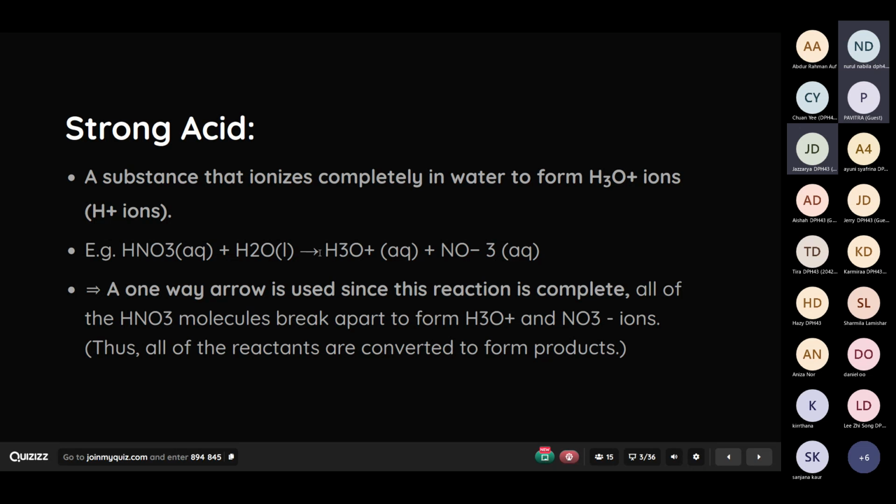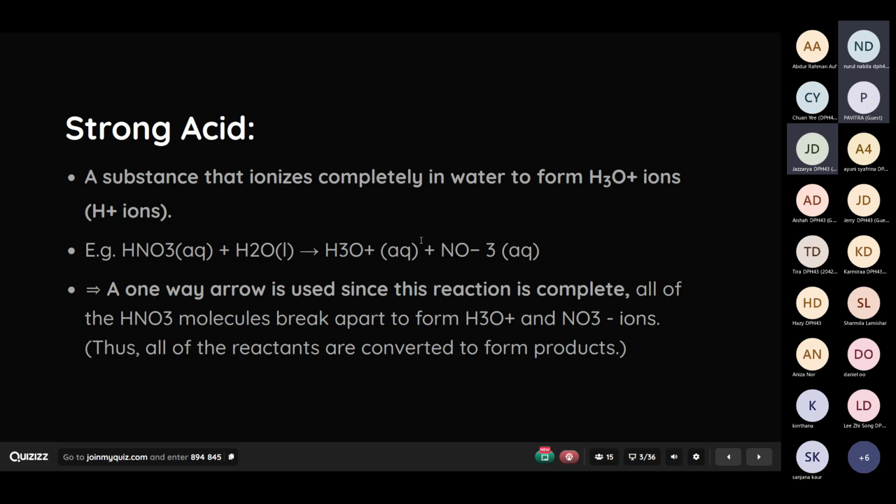Okay, so bila bahan A dan bahan B bertindak balas, dia boleh menghasilkan bahan C dan bahan D. But sometimes, under certain conditions, bahan C dan bahan D itu boleh menghasilkan bahan A dan B balik semula. So that's the thing that you have to know before we go through this. So that's why dia kata kat sini, a one-way arrow is used, meaning the reaction is complete. Meaning dia tidak akan menghasilkan the reactant balik semula.